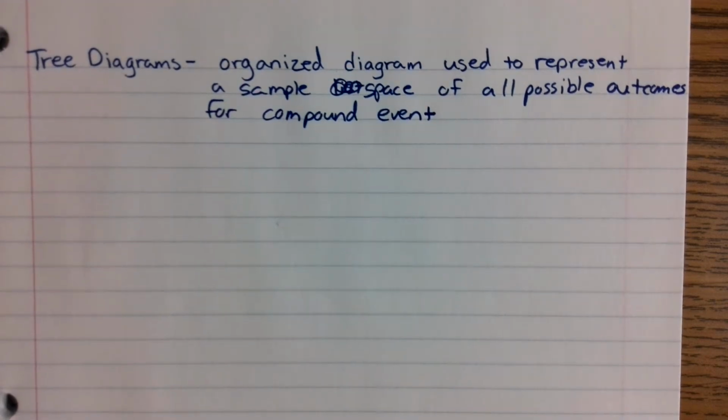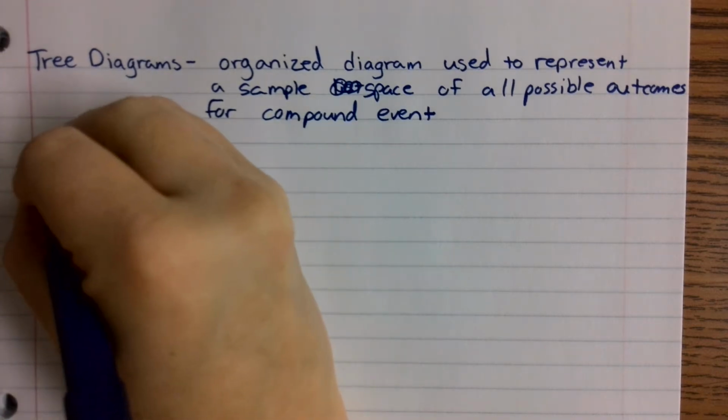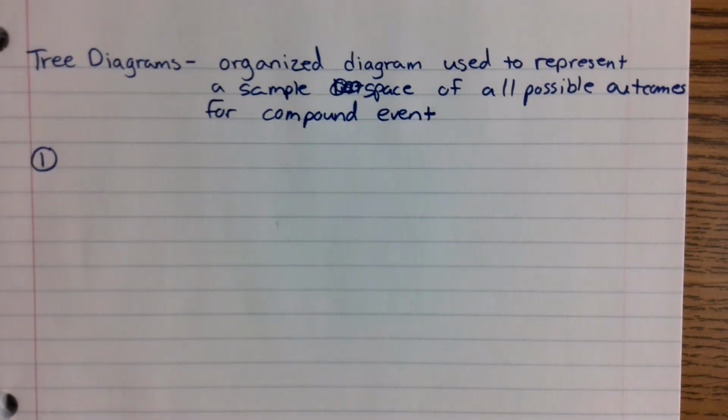You might have a coin and a spinner, or a coin and a die, or maybe all three. Okay? And we talked about it last week that you experience compound events all the time. Using that fundamental counting principle, we were able to identify how many different combinations you could create for lunch.